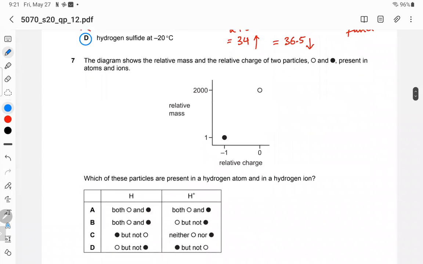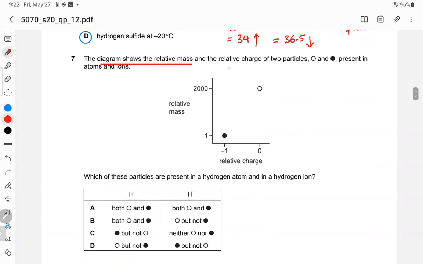Okay, question number 7. The diagram shows the relative mass and the relative charge of two particles. Okay, and what are these two particles? A dot and a circle present in atoms and ions.